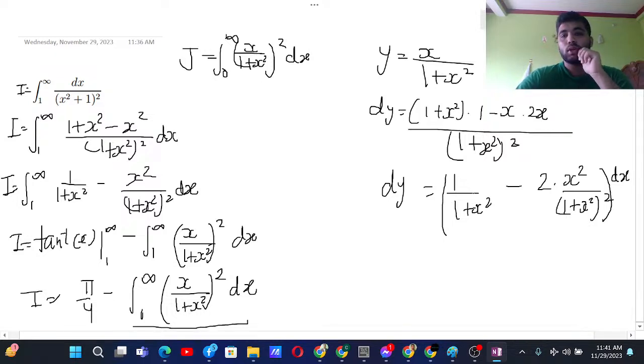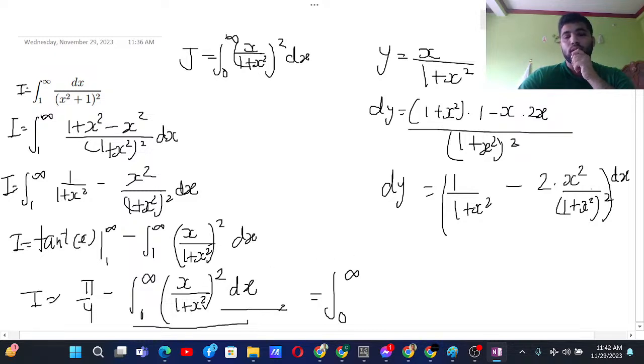Okay, so basically we got this thing, and now the dy that we have over here is just the integral from 0 to infinity of... how do I write this?